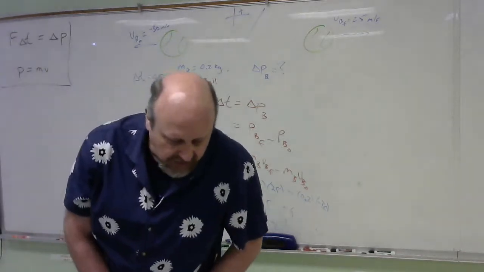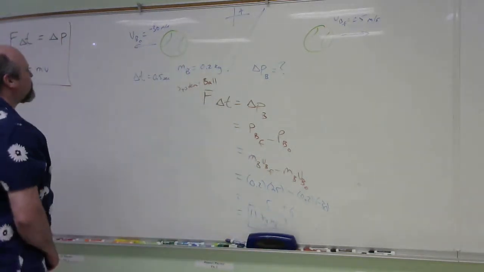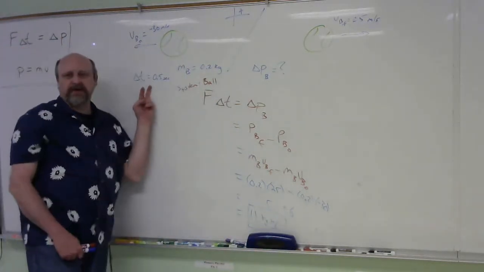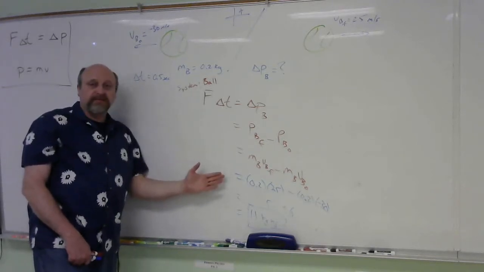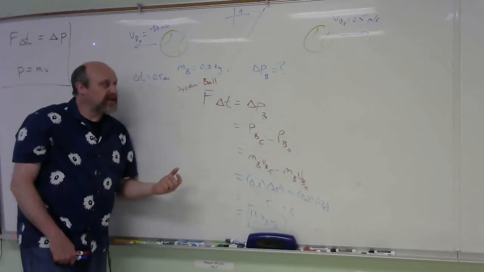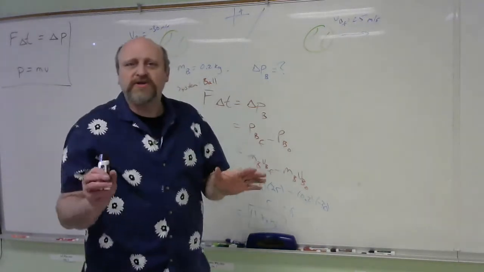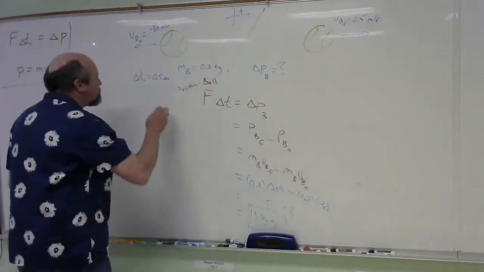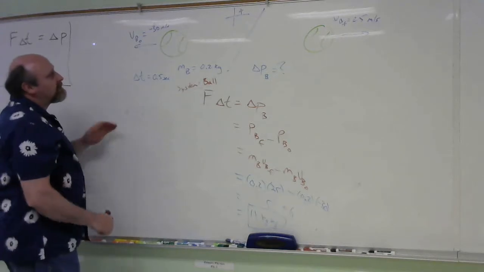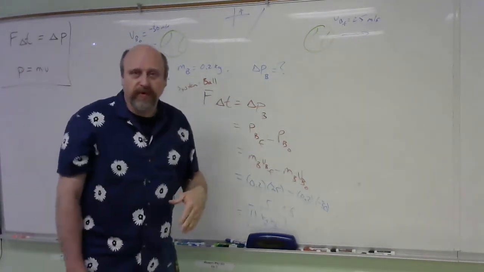Okay. Now, quick side note. You're like, hey, wait. Why did they tell me the time here of that impact? I didn't end up needing that to solve this problem. Right? Didn't need the time during which that racket was shoving on it. Here's a question that someone might ask us. Could they ask us, given this information, can you find the average force that the racket shoved on the ball with?